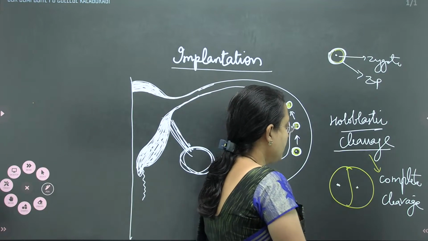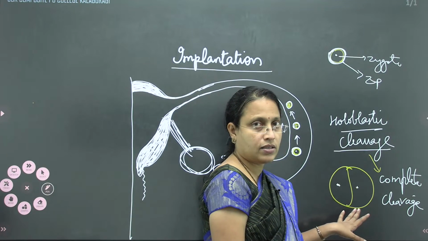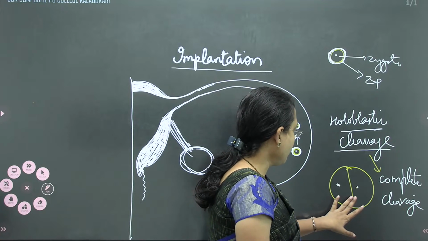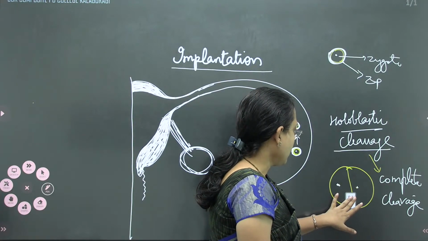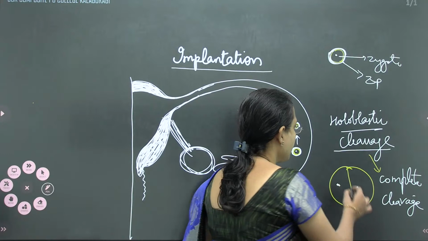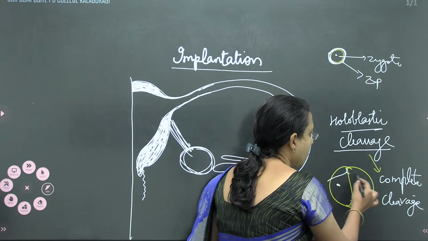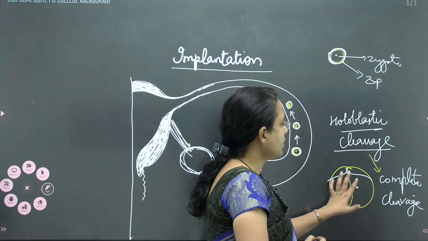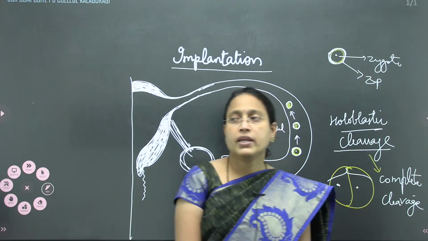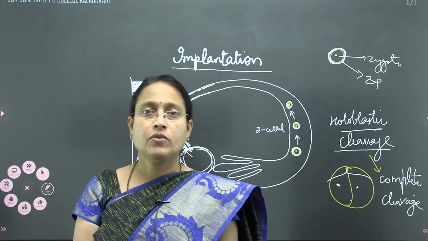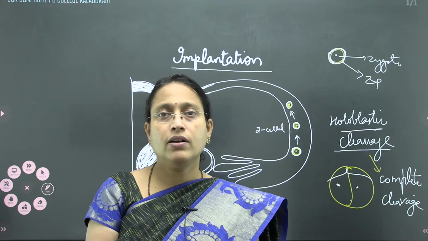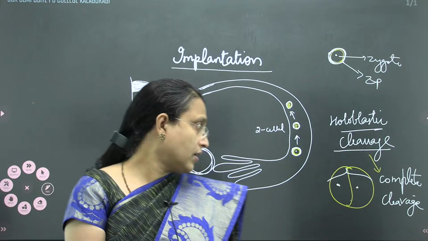In some animals like insects or birds, only superficial division is there. The zygote will not divide completely, but only partially, whereas the rest will not divide. That kind of division is called meroblastic.